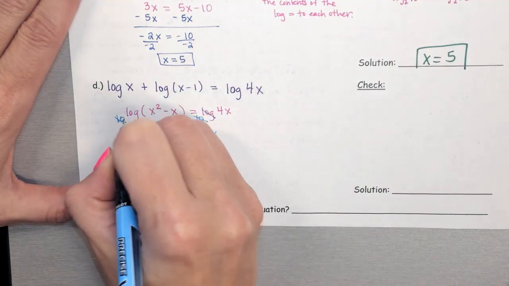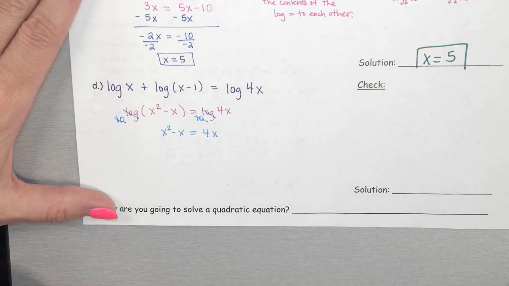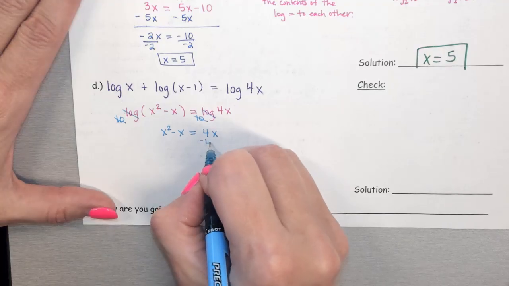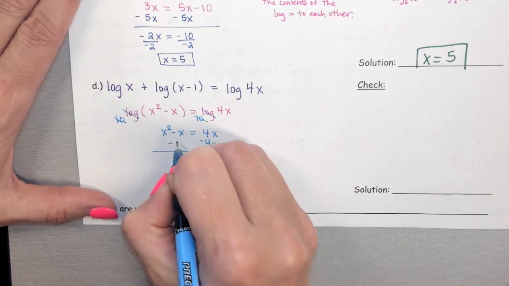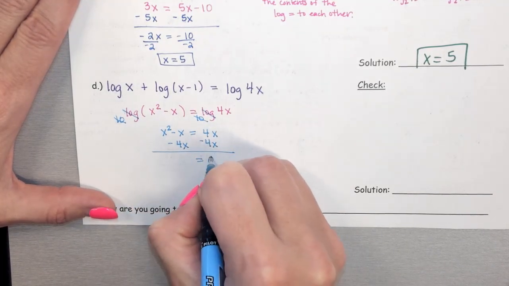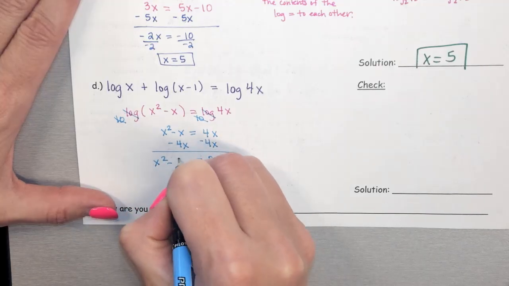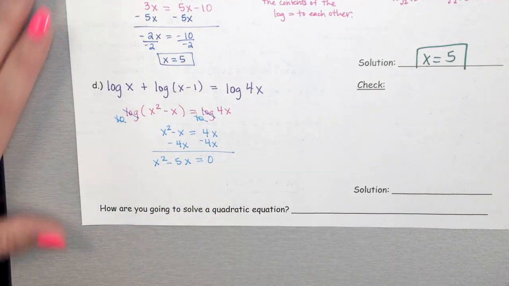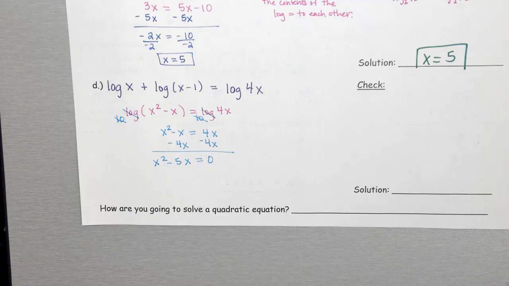Those cancel, those cancel. Okay, so then we're going to have to move everything to one side so that we can factor. So sometimes you are going to have to factor a trinomial.